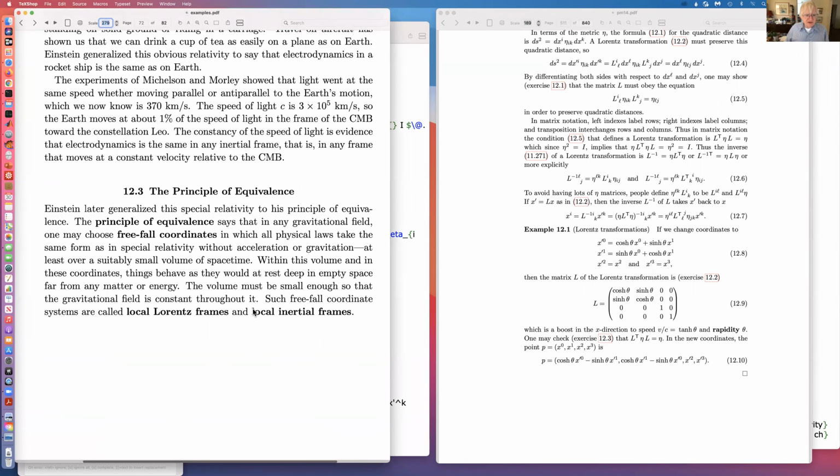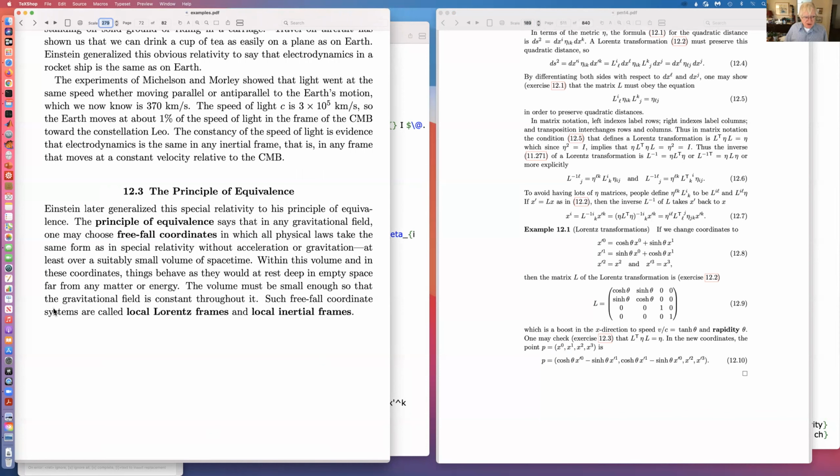The principle of equivalence says that in any gravitational field, one may choose free fall coordinates in which all physical laws take the same form as in special relativity, without acceleration or gravitation, at least over a suitably small volume of space-time. Within this volume and in these coordinates, things behave as they would at rest, deep in empty space, far from any matter or energy.